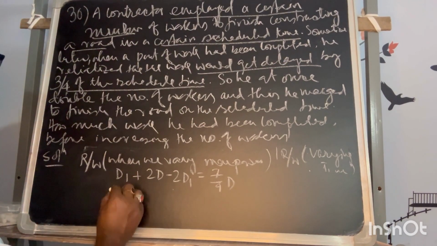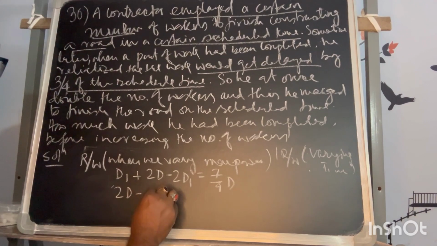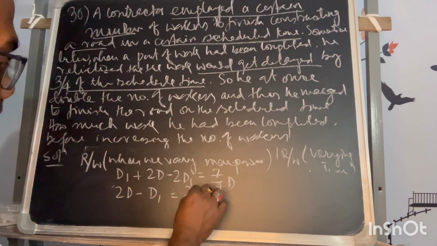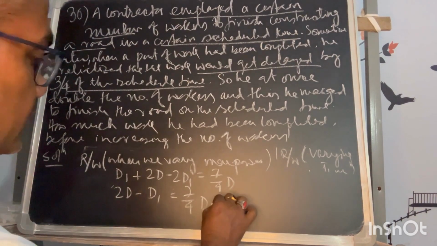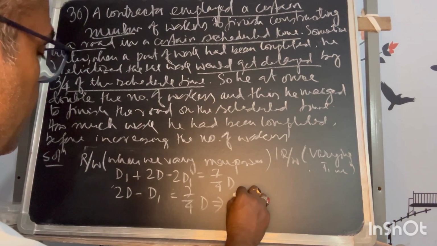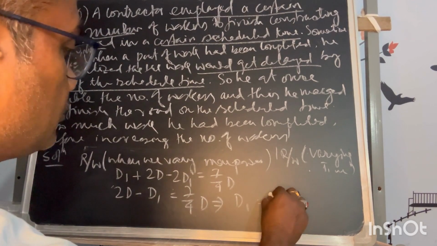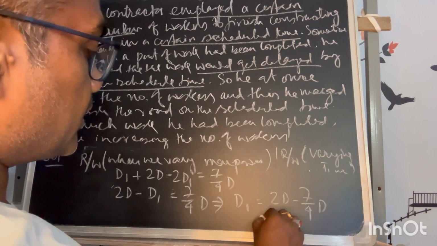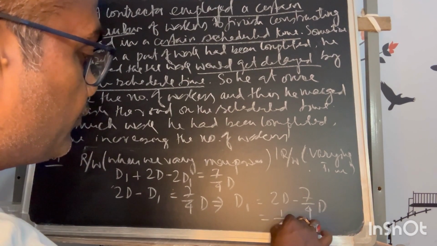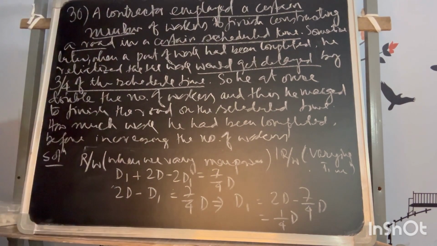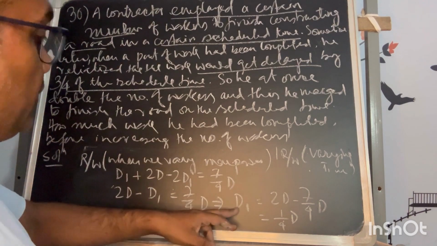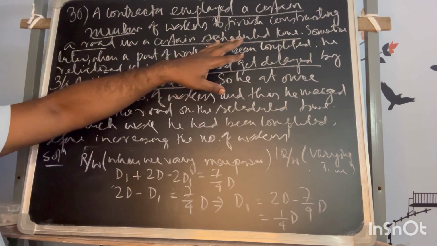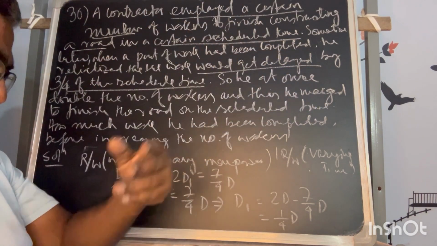So this is what 2D minus D1 is equal to 7/4 D. So that implies D1 is equal to 2D minus 7/4 D. That is equal to how much? 1/4 D.